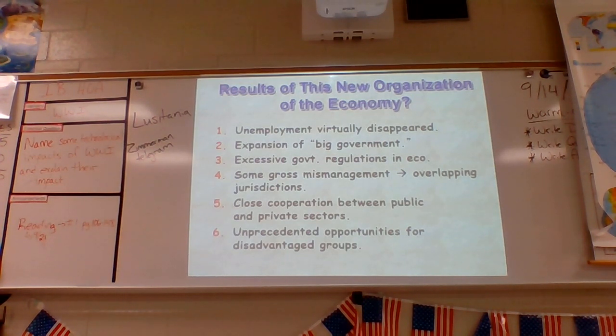And then number 6, unprecedented opportunities for disadvantaged groups. So again, like the African American population, 60 years removed from the Civil War, this is the first chance for a lot of them to move out of the South.